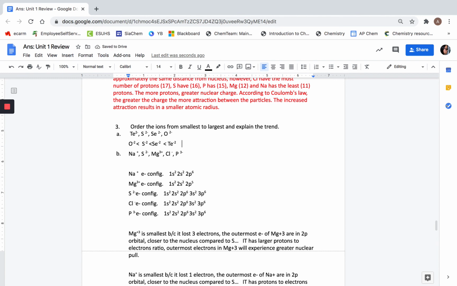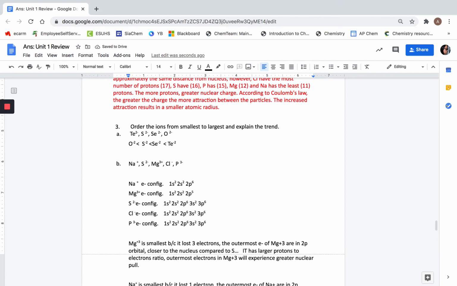O -2 is the smallest because its outermost electrons are in n equal to 2, closest to the nucleus.